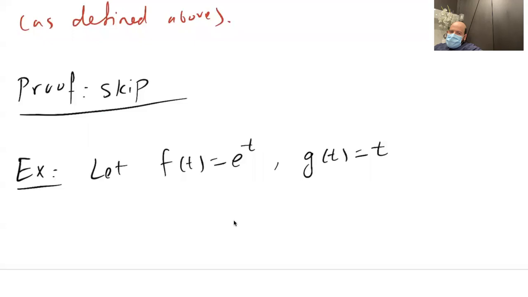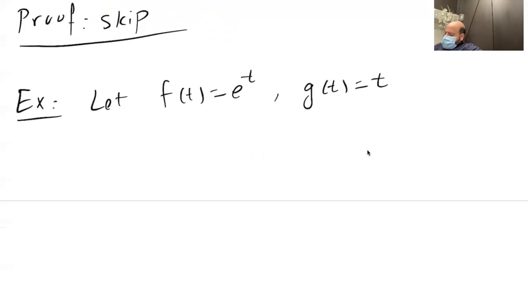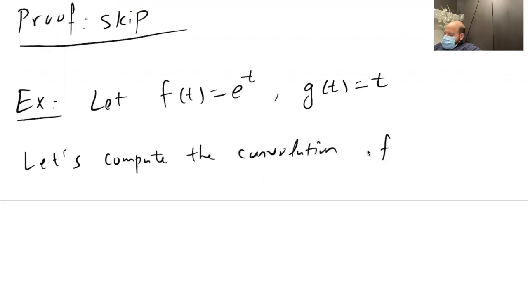So what will be the convolution of f and g here? Let's compute the convolution f star g of t. Now, how do we define f star g of t?